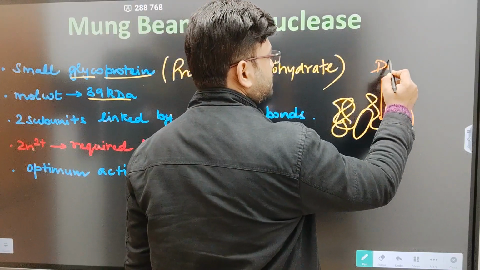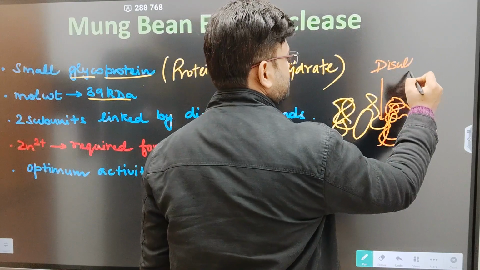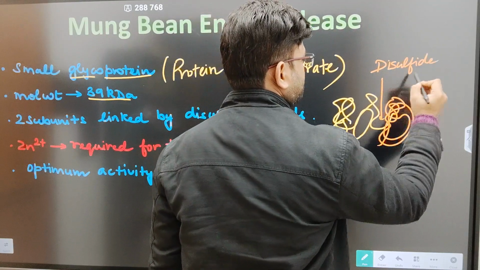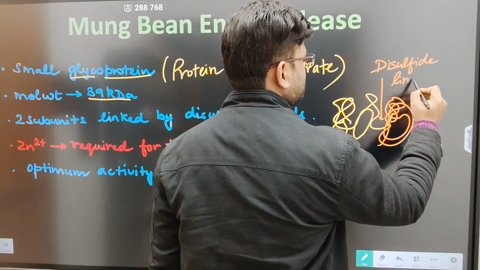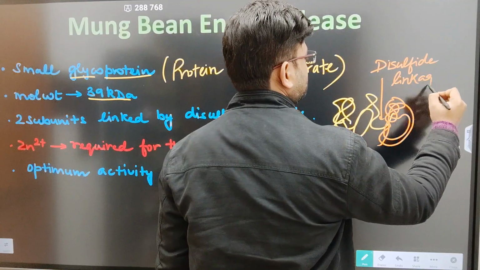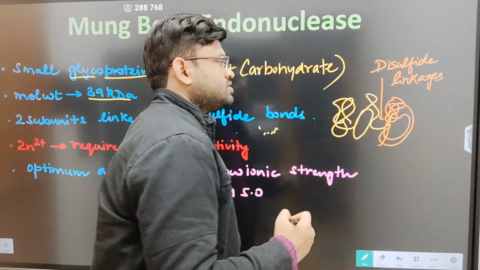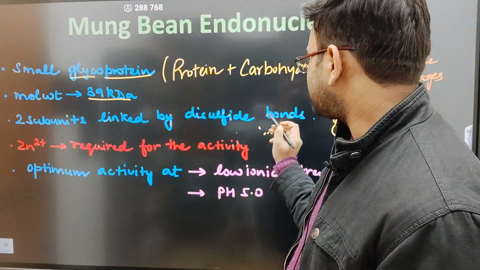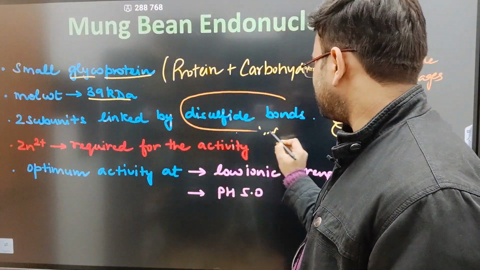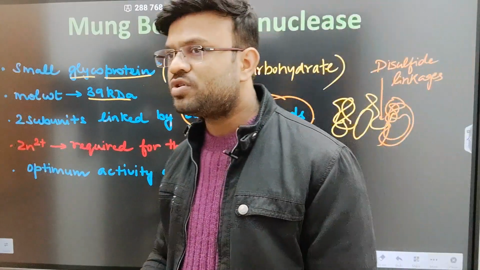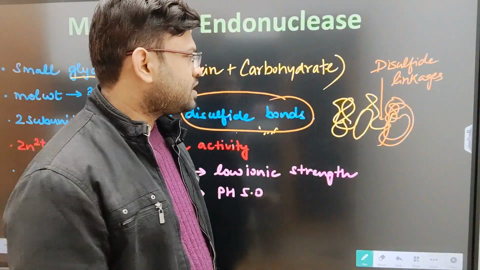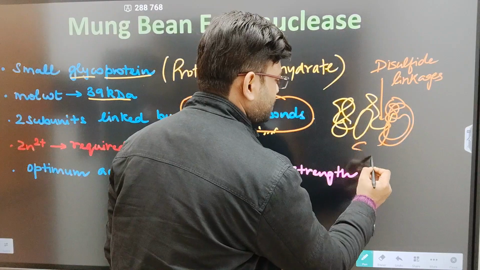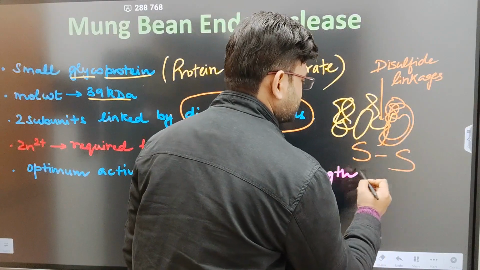Let us say that there are disulfide linkages. Okay, so that is what I had written over here also. The two subunits are linked by disulfide bond. Now what are disulfide bonds? You should be knowing that disulfide bonds are the bonds that are present between two sulfurs like this.